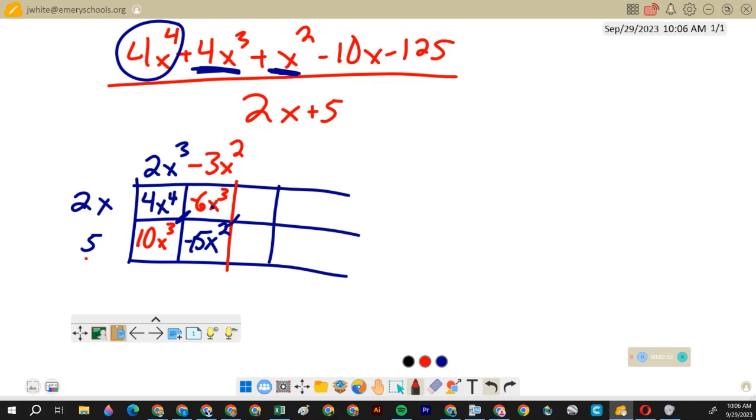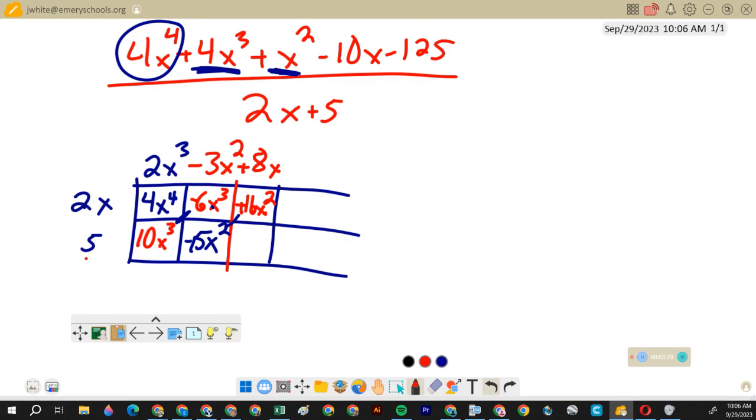I have negative 15. I need a positive 1. So we add 16x squared. Now we divide that by 2x, and I get plus 8x, hopefully.